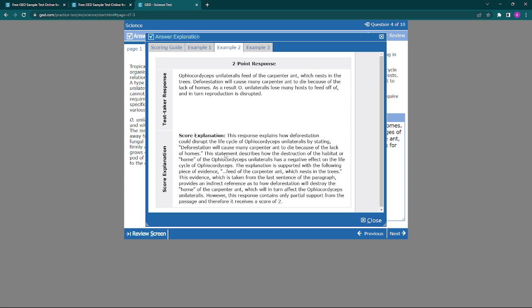I feel like that's, let's see. This response explains how, this sounds really good in my opinion. I don't know. I want to see example one, but anyways, this response explains how deforestation could disrupt the life cycle of OU by stating deforestation will cause many carpenter ants to die because of the lack of homes. The statement describes how the destruction of the habitat or home of the OU has a negative effect on the life cycle of OU.